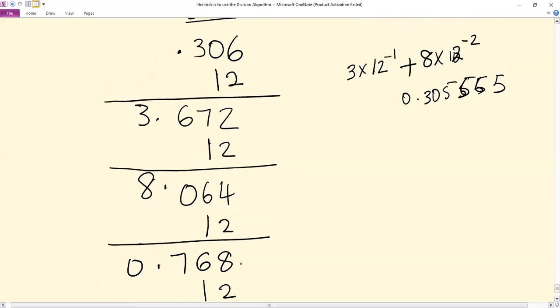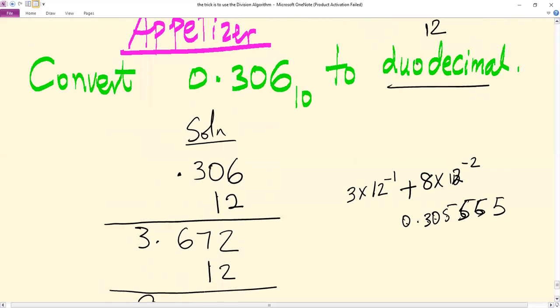So this number here, you see 0.3055. If you round off this number to the nearest 3 decimal places, it will give us the same number we have here. But because this number was to 3 decimal places, then we don't stop here. We have to have at least 3 decimal places. So that's why we are going to the next step. Assuming the number was given to 2 decimal places, we can stop at this point here.